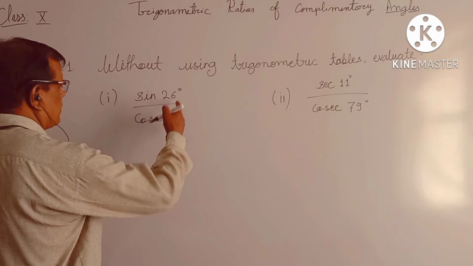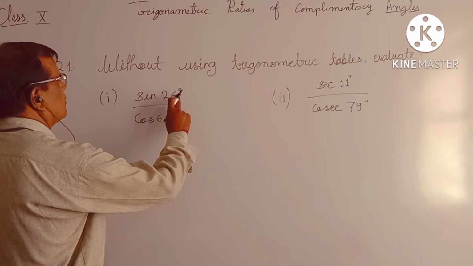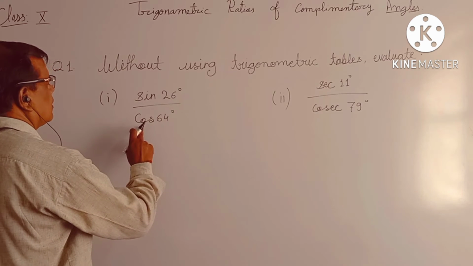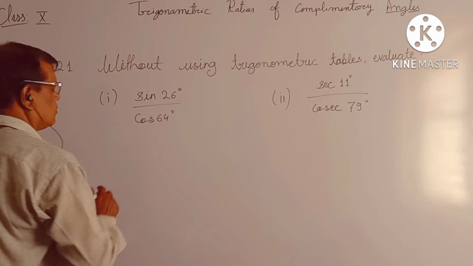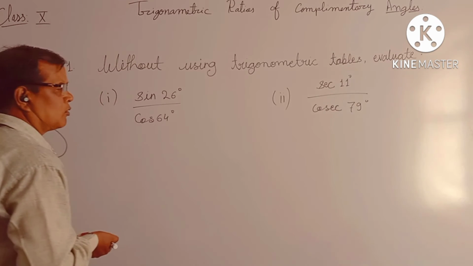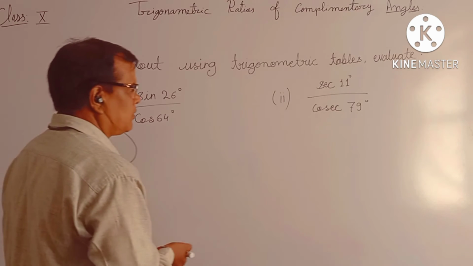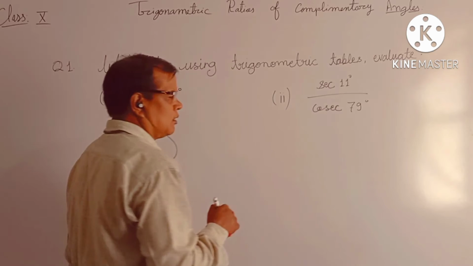In this type of question, as we are seeing, sin 26 is the numerator and cos 64 is the denominator. So we will change any one, not both, one at a time. If we change the numerator, then we don't change the denominator.